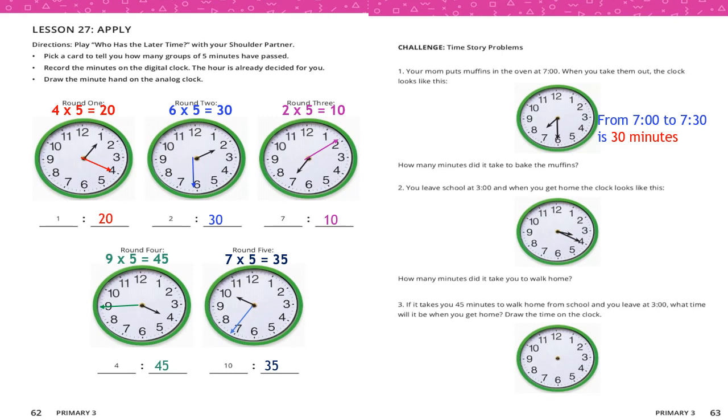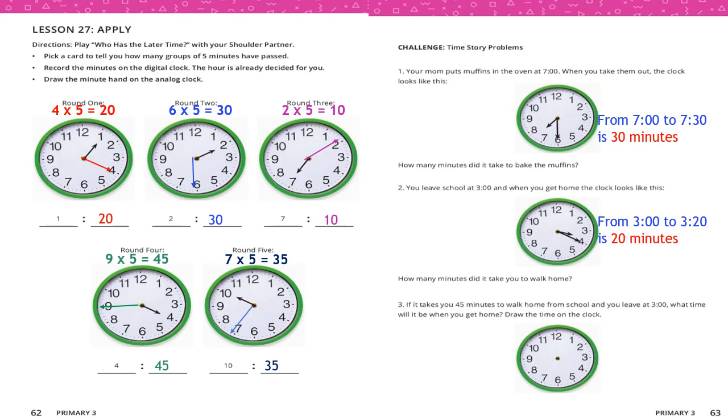It's a 3. The 4 is telling me what? 4 times 5, 20. So it's 3:20. So between 3 o'clock and 3:20, we have 20 minutes. The hours didn't change. Just minutes changed. So we have 20 minutes difference between 3 o'clock and 3:20.